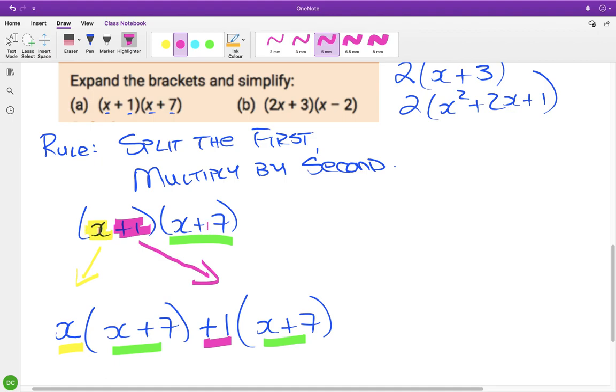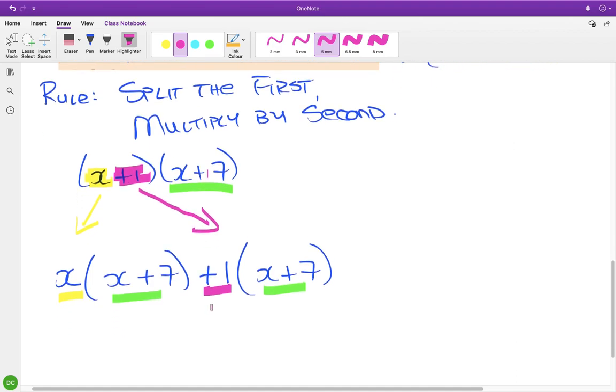We're trying to multiply the x by these 2 things, distribute the x across the bracket, so multiply the x by the x and the x by the 7. And then we're trying to do the same with the plus 1, multiply that by the x and that by the 7. And this method of split the first, multiply by the second will make sure that you don't miss any of the multiplications. Okay? And then this is just an expanding brackets 2. We're back to where we were a minute ago.